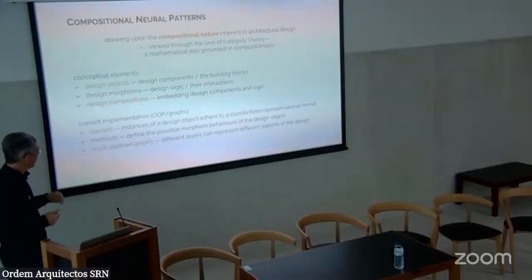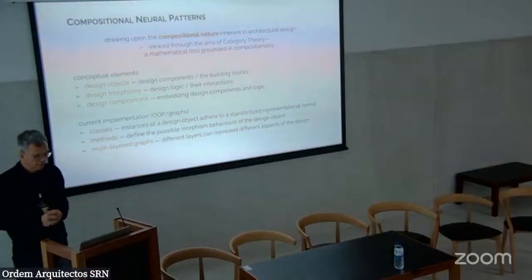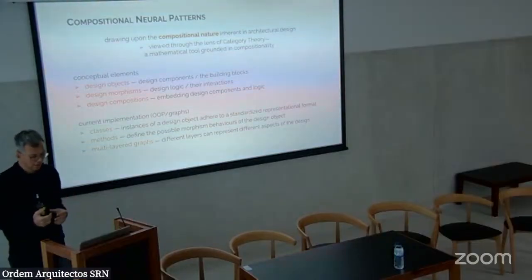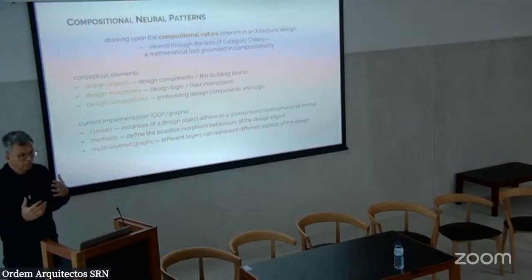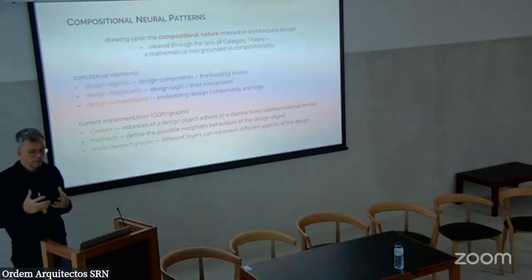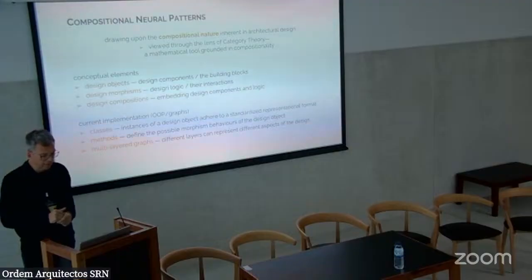The methods in the classes define the possible morphism behaviors of design objects, the interactions, the way the patterns, the way the input is taken and translated into the output.